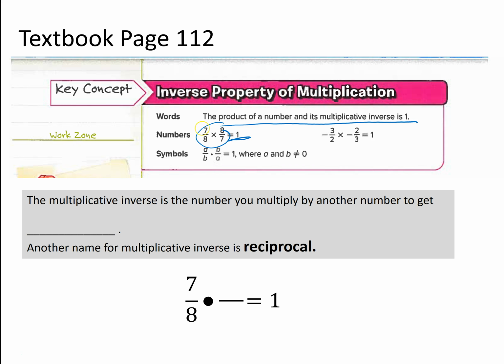I multiply them, I get 1. Here's your definition using symbols. Another way you can think of it is the multiplicative inverse is the number you multiply another number by to get 1. Another name for multiplicative inverse is reciprocal. You may see reciprocal.